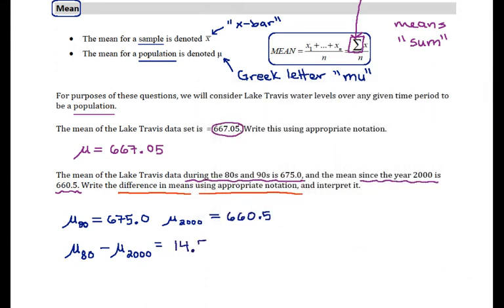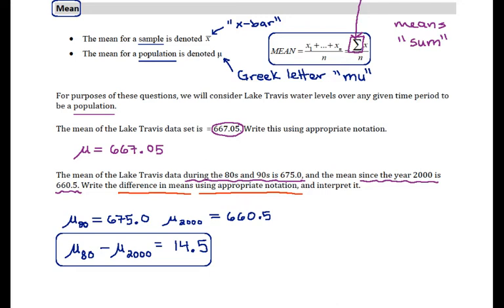So this is writing the difference in means using correct notation. I have to know that they're called mu because they represent a population. I have to use subscripts to clearly differentiate between the two means, and then I can write the value.